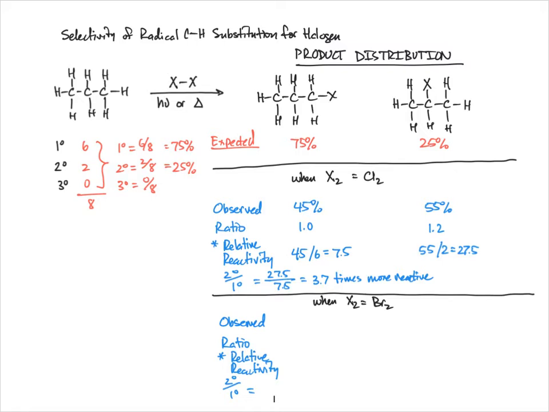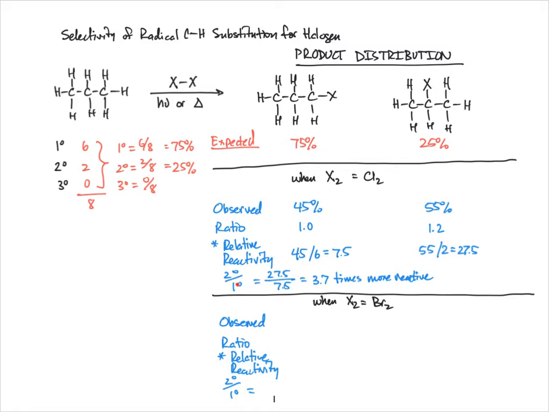The definition of relative reactivity, again, is the observed ratio divided by the number of that type of hydrogen. 45 divided by 6 is 7.5. 55 divided by 2 is 27.5.